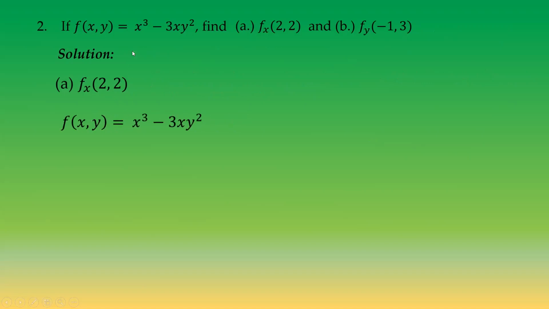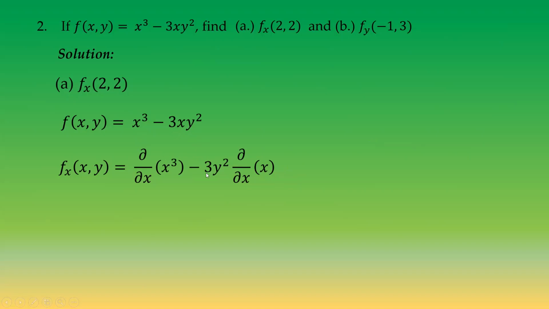So we have given the function f equals x cubed minus 3xy squared. Now differentiating, we have derivative of x cubed with respect to x minus, so dito yung 3 at yung y squared ay constant.